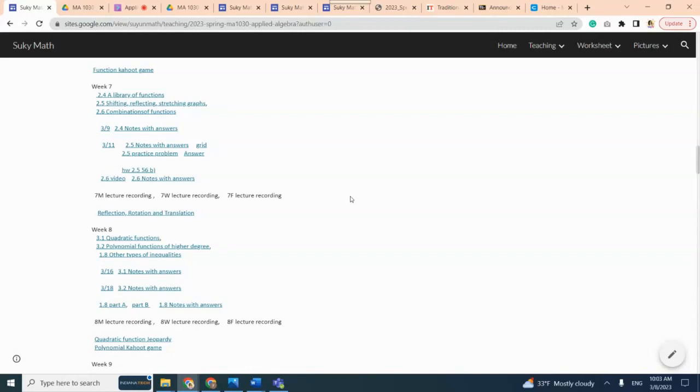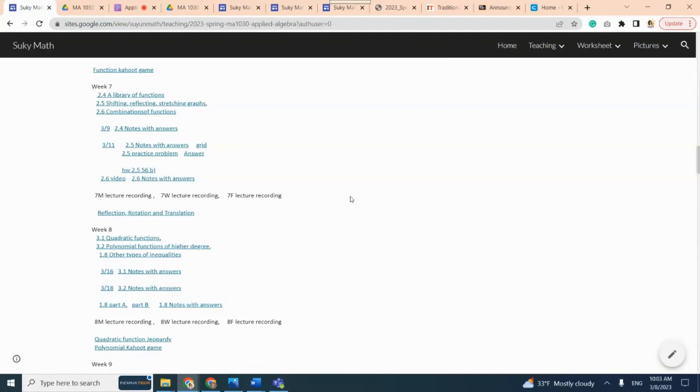Remember the translation? What's the first one? Left and right. Second one. Reflection over the y-axis. The third one. Vertical stretch. And then the last one.